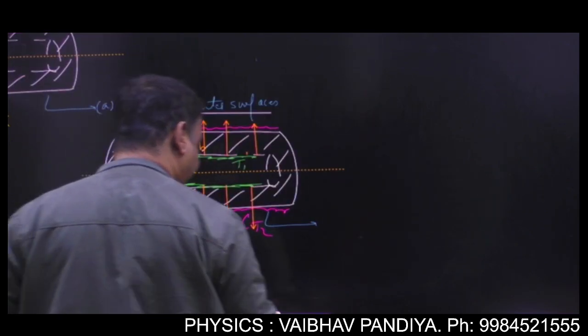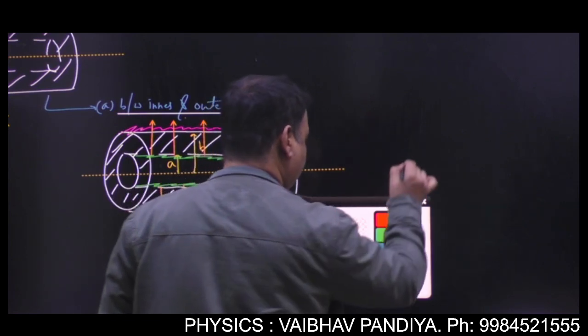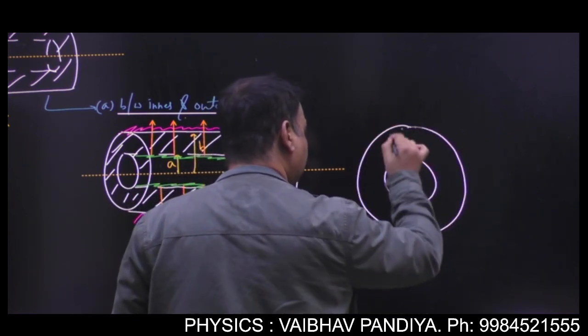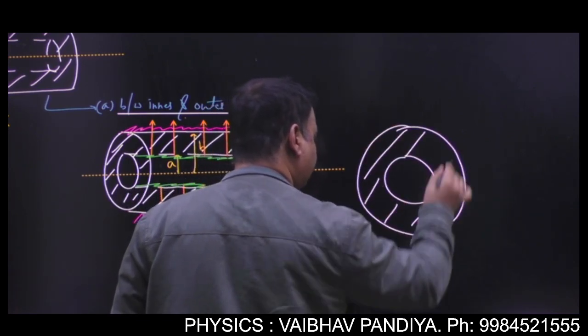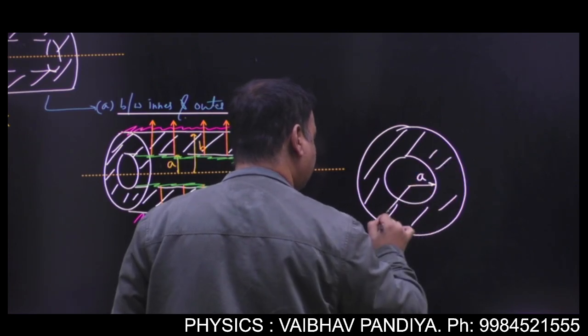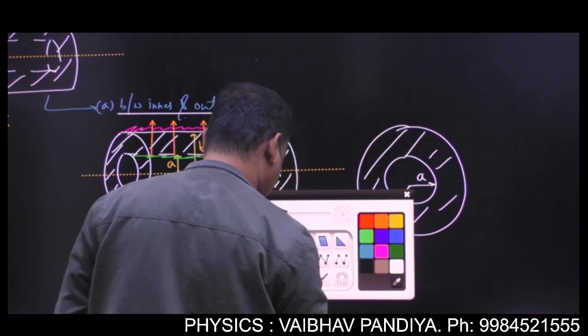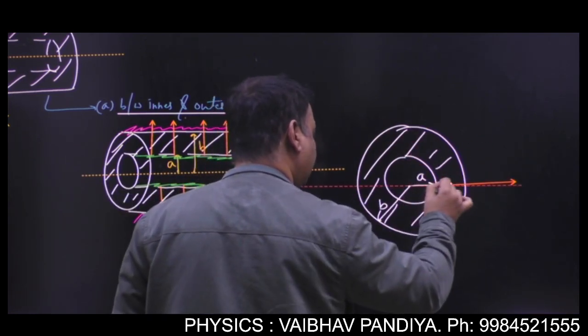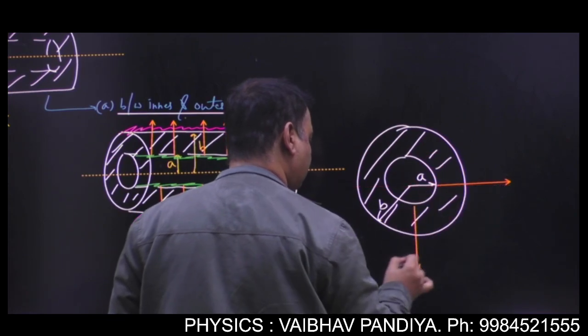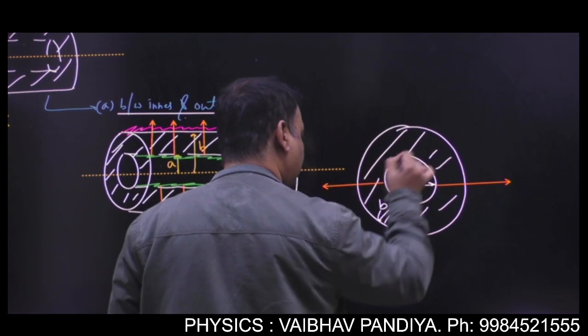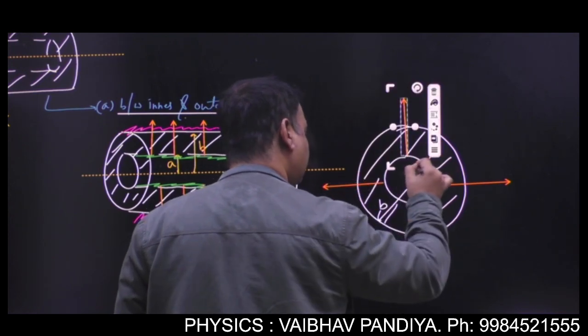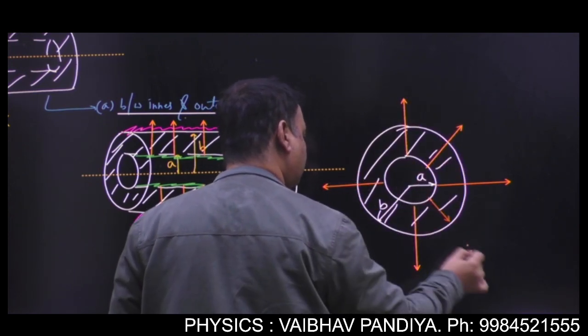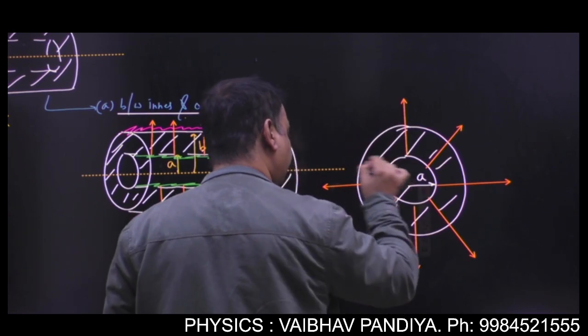If you see the cross-sectional view, so something like this will be visualized, and heat will be flowing between the inner and outer surface like this.